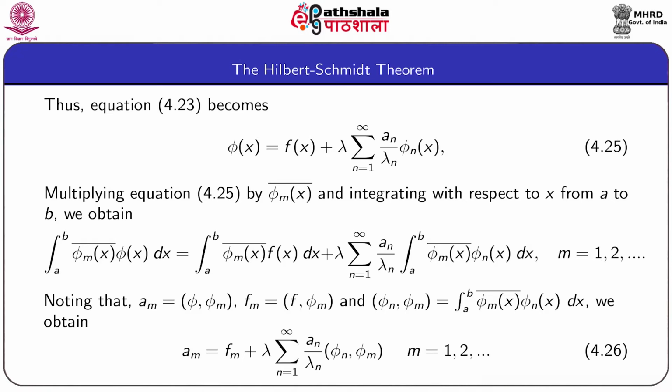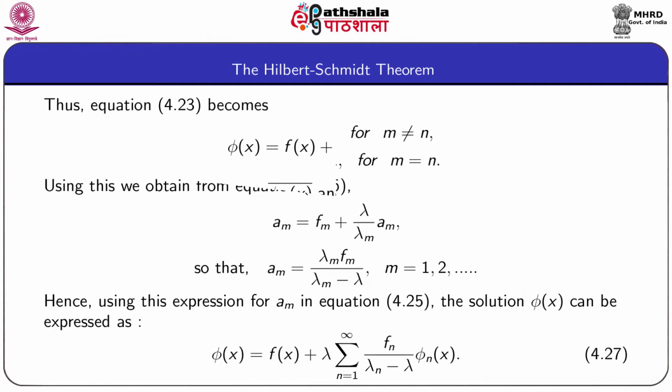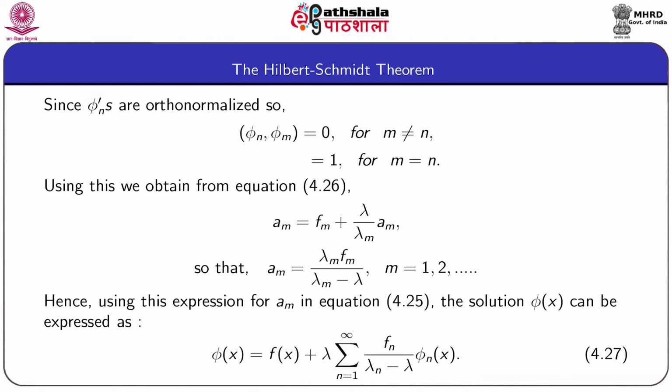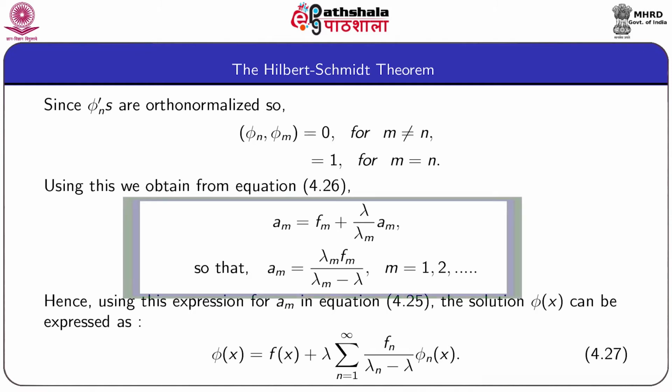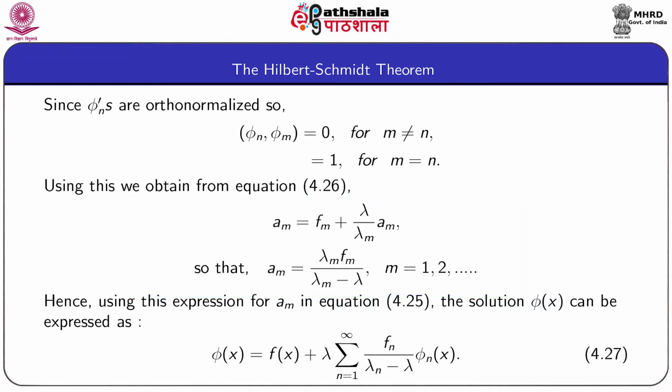So the summation on the right hand side reduces to only one term given by a m by lambda m. Hence, we obtain from equation 4.26 a m equal to f m plus lambda by lambda m into a m, from where we obtain a m as lambda m into f m divided by lambda m minus lambda, m is 1, 2, 3, 4, etc.